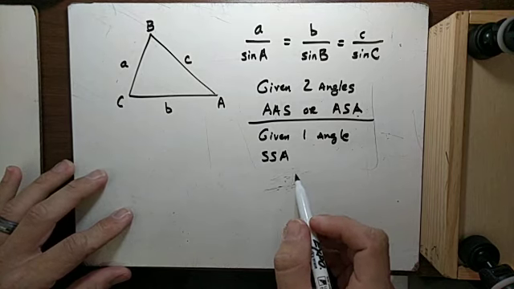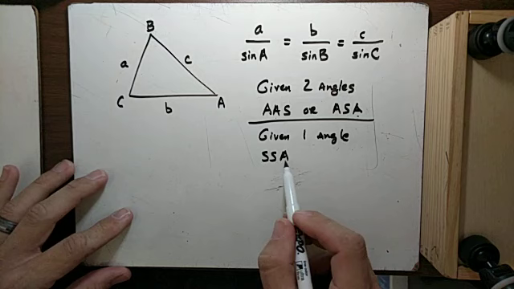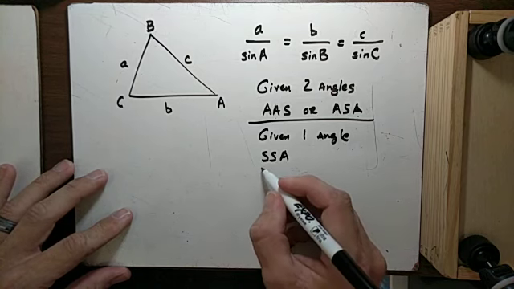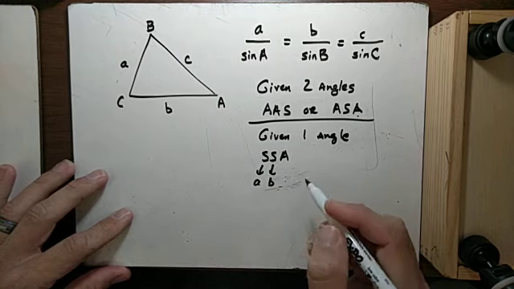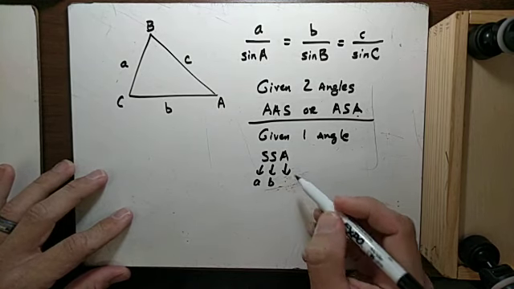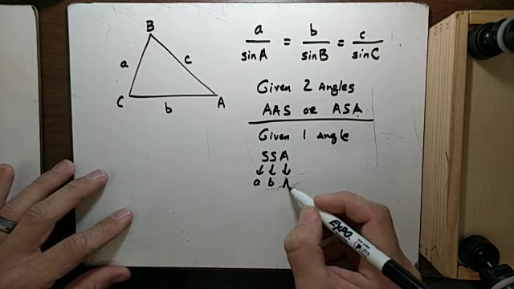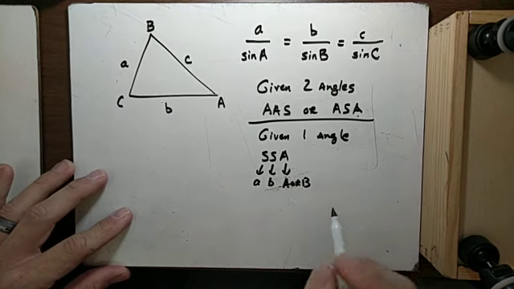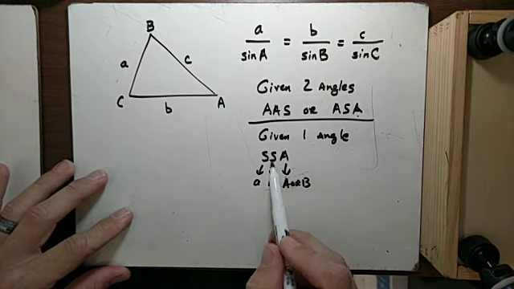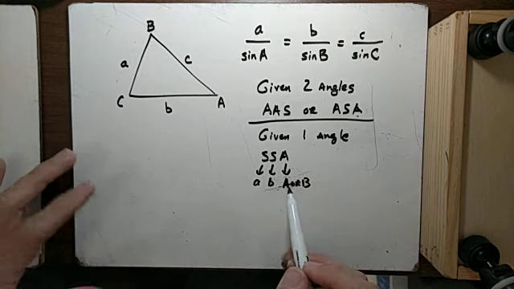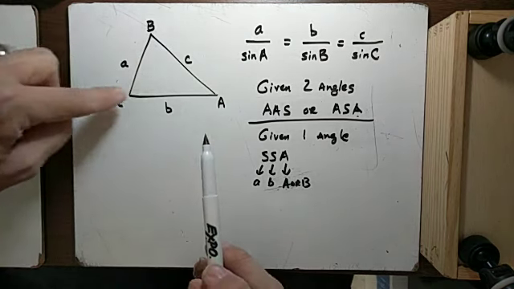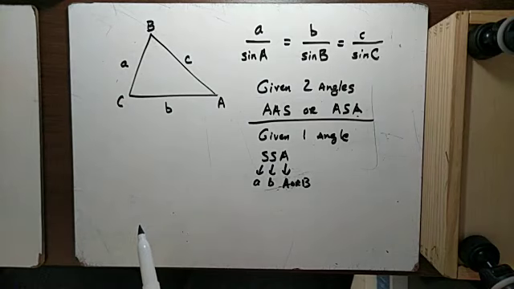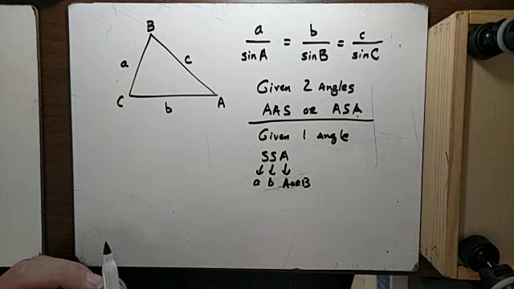And so you have, for example, maybe side A and side B, right? So this angle would be either angle A or angle B, right? Again, if the angle's between them, the letters don't match, right? You'd have angle C in sides A and B. So this would be side angle side. And that is going to be what we'll deal with next week with something called the law of cosines.